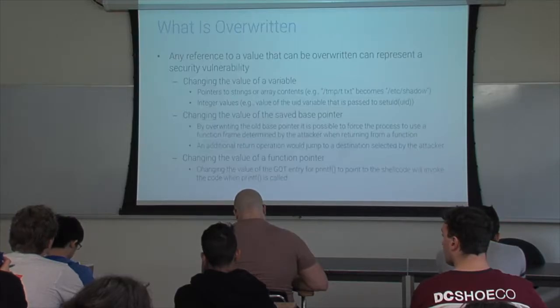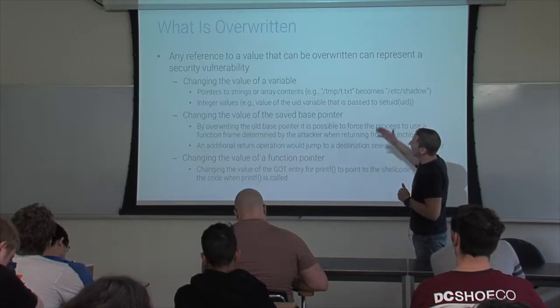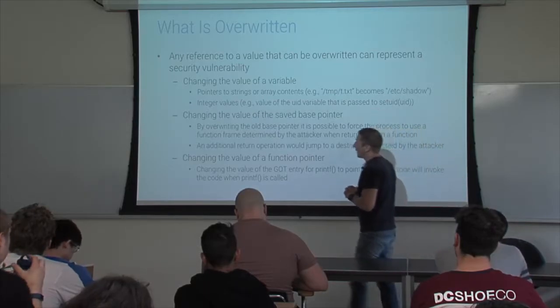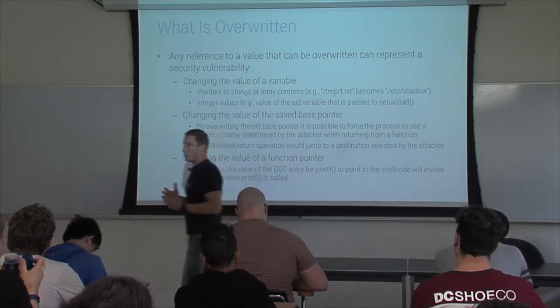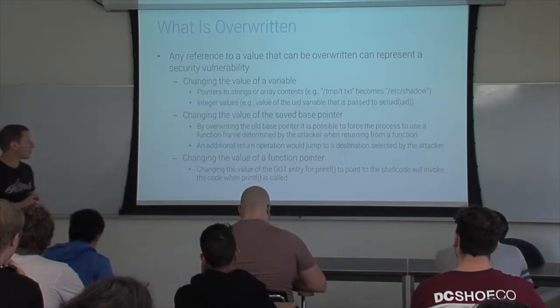Yeah. So going back to what is overwritten, any reference to a value can be a security vulnerability if it can be overwritten and it's used in a security process.